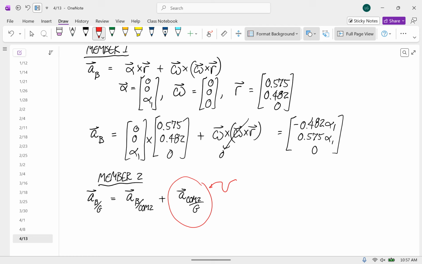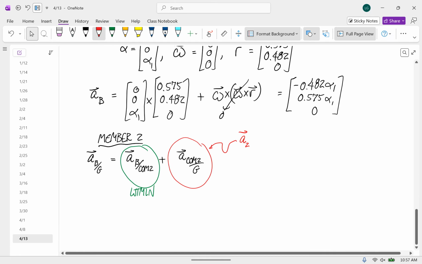And this one has an alias. It's known on the streets as A2. And then this guy is the watermelon equation. Isn't the center of mass at B? The center of mass is at B, yes.